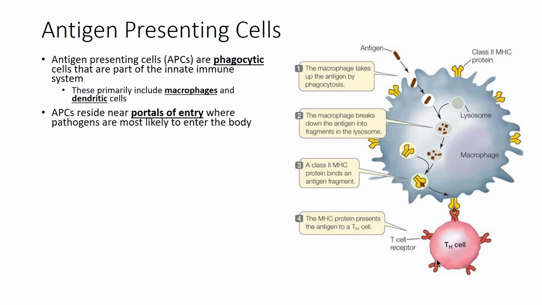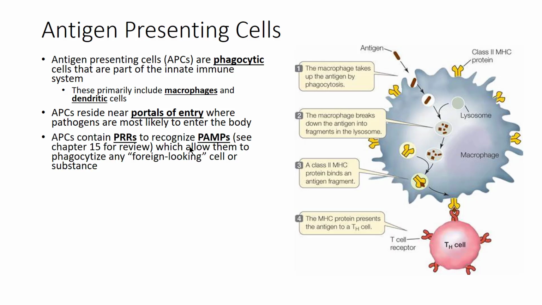Now, antigen-presenting cells are generally non-specific. They reside near portals of entry where pathogens will generally enter the body somewhat randomly. They have the ability to recognize pathogen-associated molecular patterns, which are PAMPs, via pattern recognition receptors, which are, again, part of the non-specific or innate immune system.